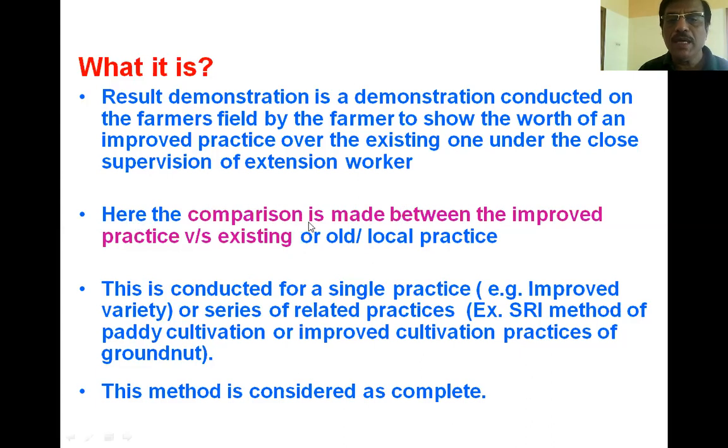Here the comparison is made between the improved practice versus the existing or old practice. If you want to prove the results of an improved variety, the improved variety and local varieties are shown side by side and the results are compared.